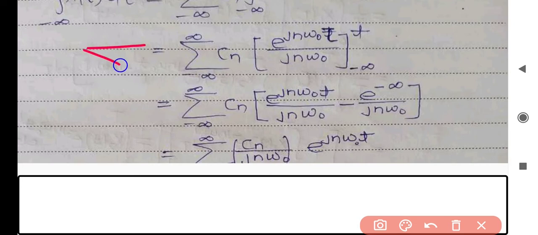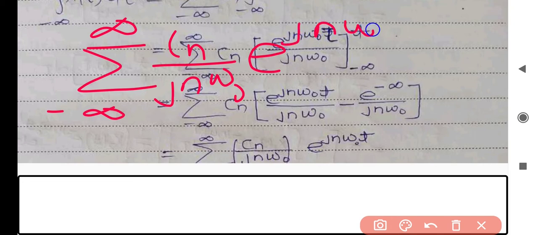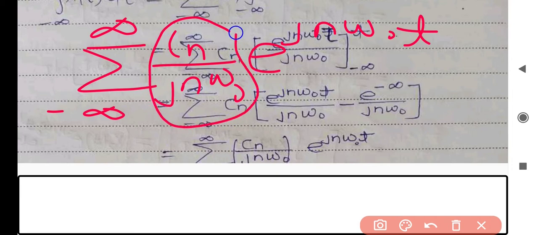Σ Cn, n from minus infinity to plus infinity, Cn over jnω0 e^(jnω0t). It means that if we compare with the representation of x(t) in the form of complex exponential Fourier series, we will get in place of Cn another term, Cn upon jnω0.